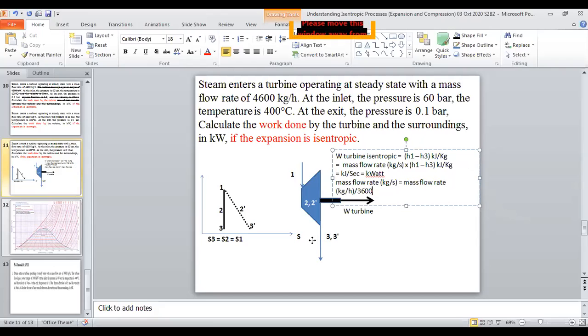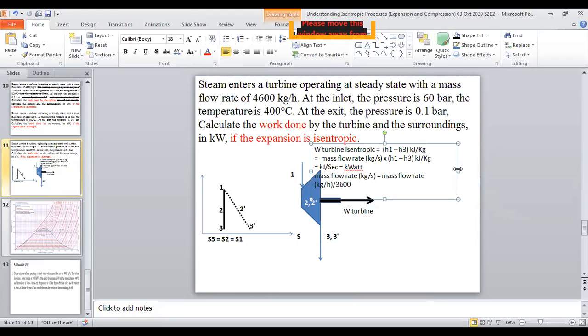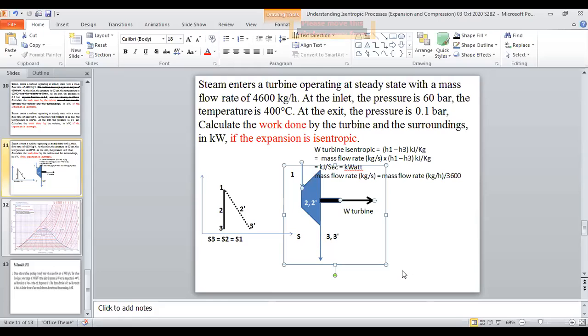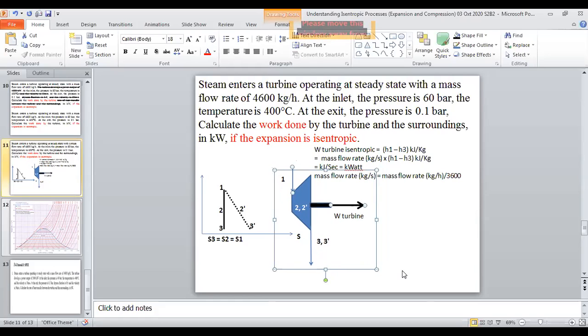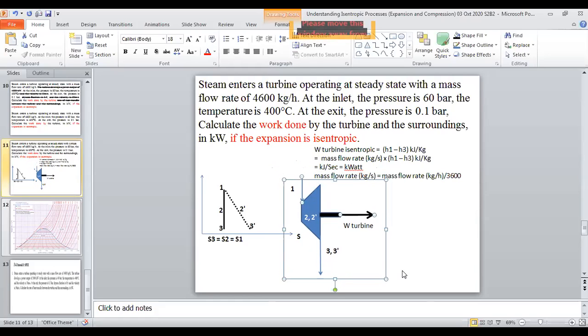Then we can have the mass flow rate in kilogram per second.